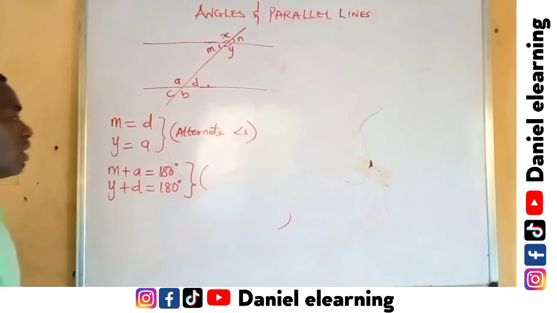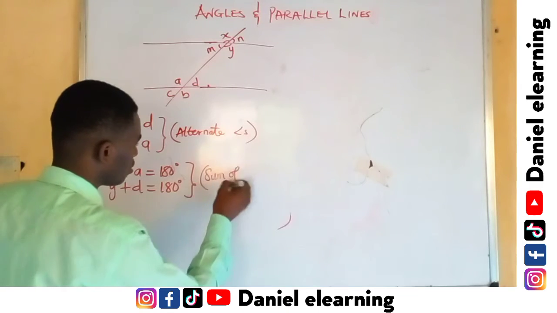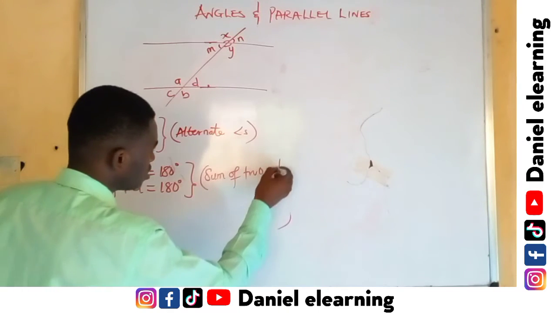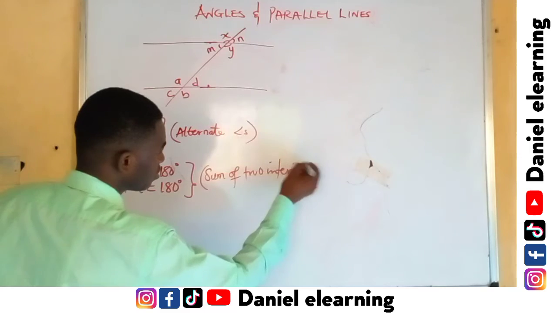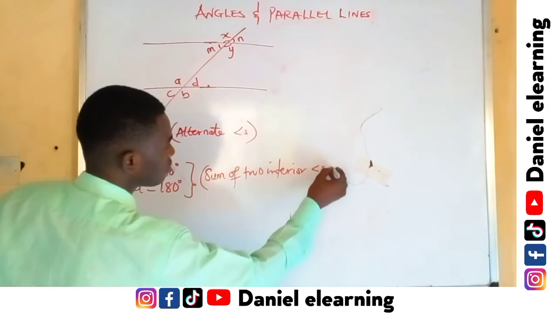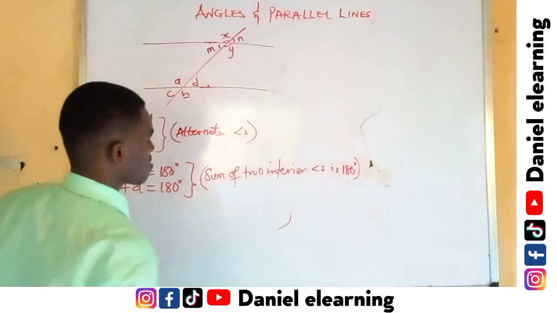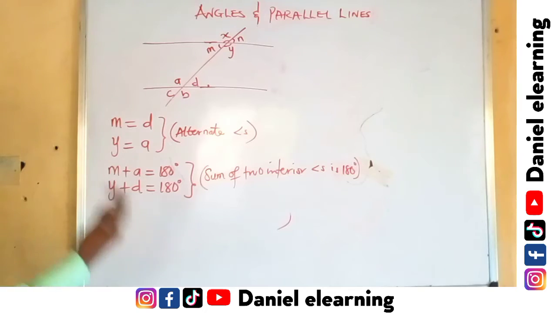Sum of two interior angles is 180 degrees. You can see how I'm giving their reasons.